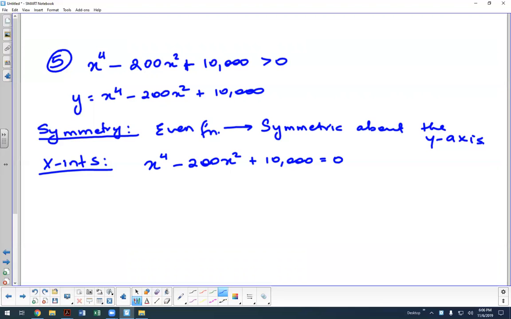So what can we use which might still be relatively easy to use? Yeah, factoring. It looks like factoring does not work, but actually it's going to be very, very easy. X to the fourth will of course break down into x squares. 10,000, how can we break that? Factors of 10,000 that add up to negative 200.